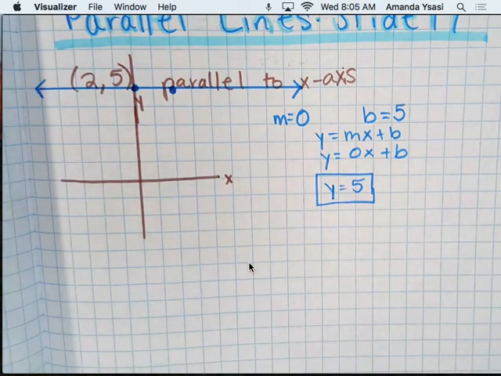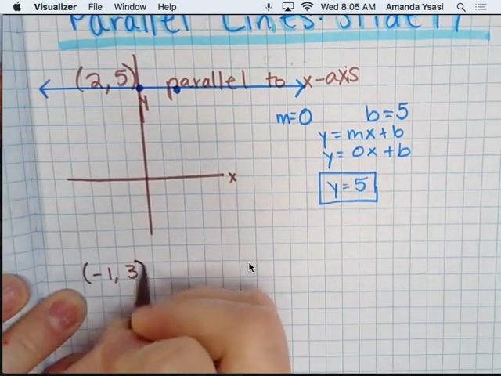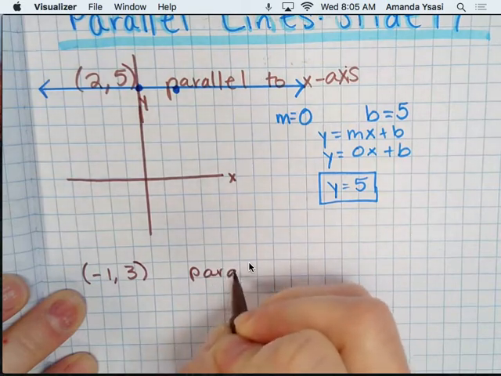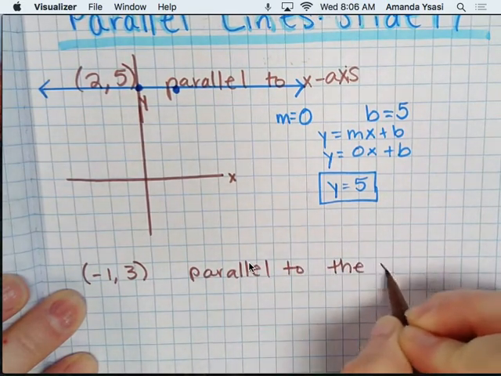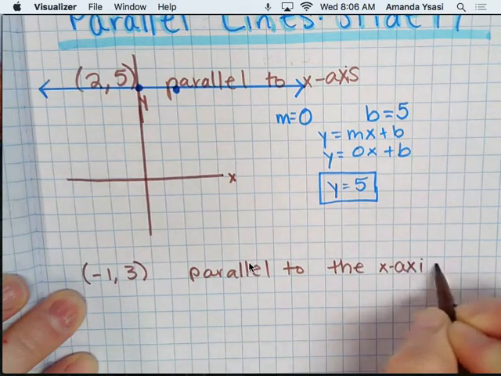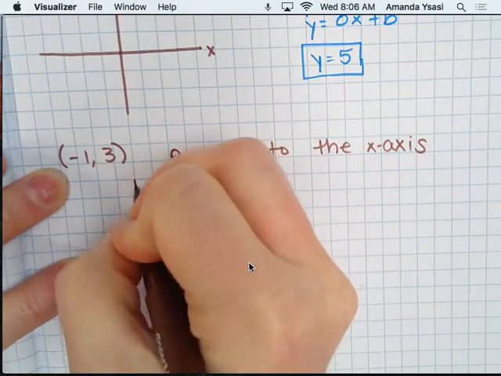Okay, let's do the next one. It says, write an equation with the line of the point negative 1, 3 and parallel to the x-axis. So negative 1, 3, parallel to the x-axis. So same type of problem. Draw your x and y-axis.